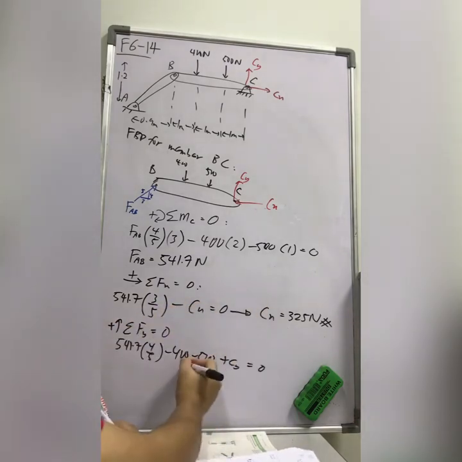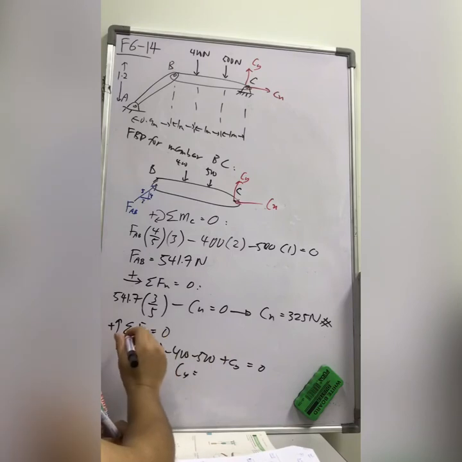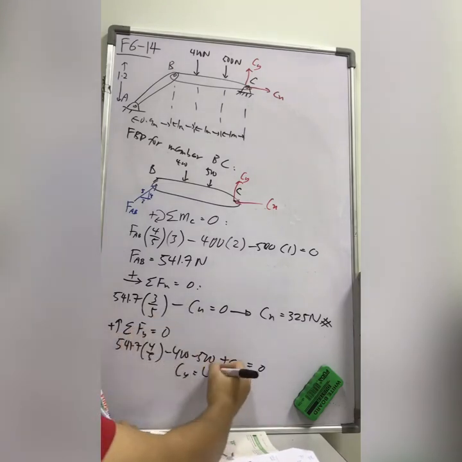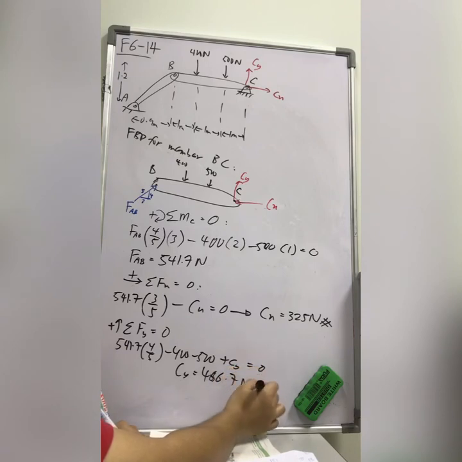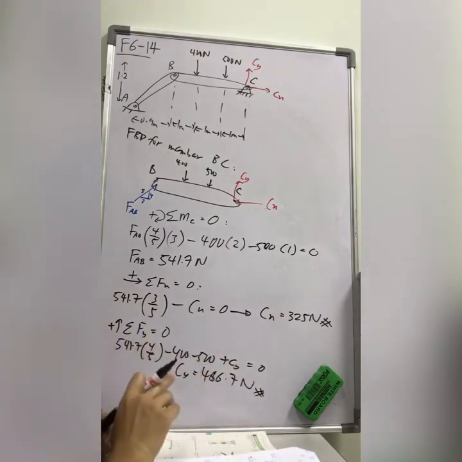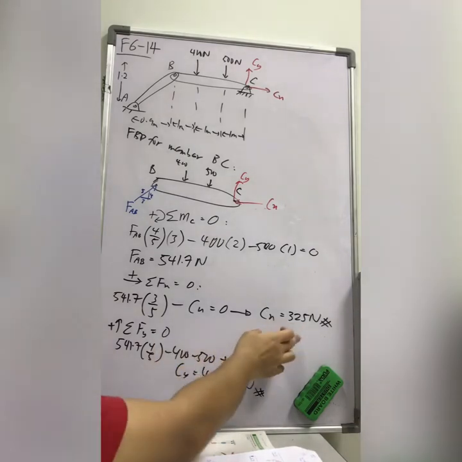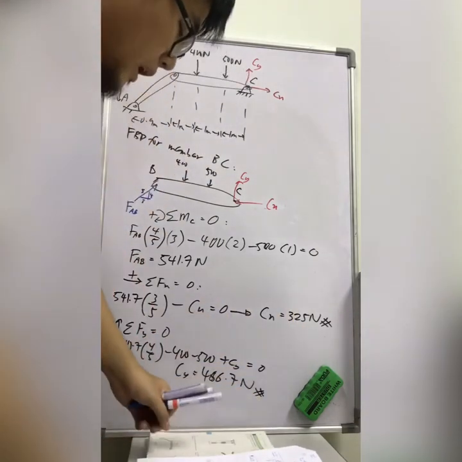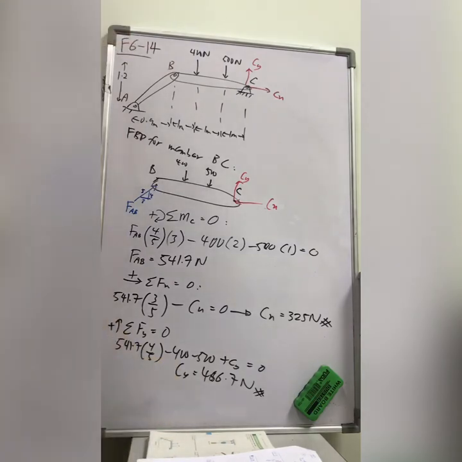Then you get Cy equals 466.7 Newton. So Cx is the horizontal reaction at point C, while Cy is the vertical reaction at point C.